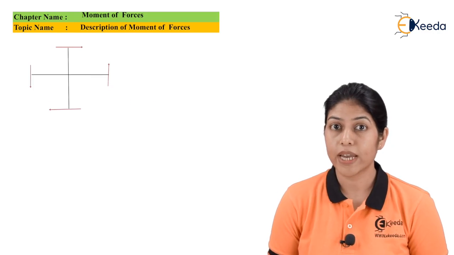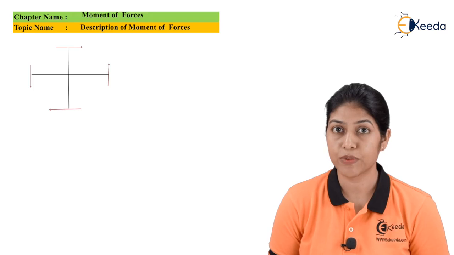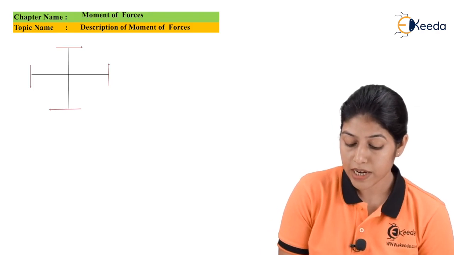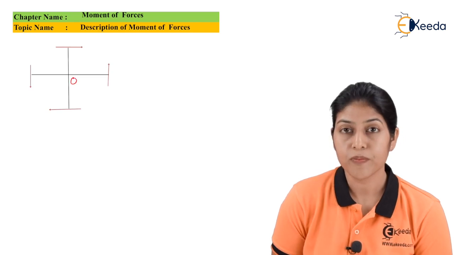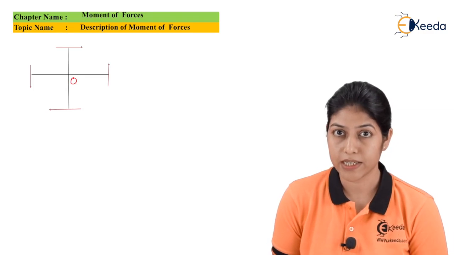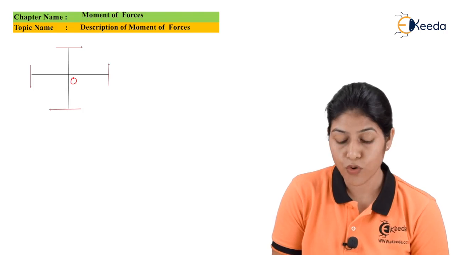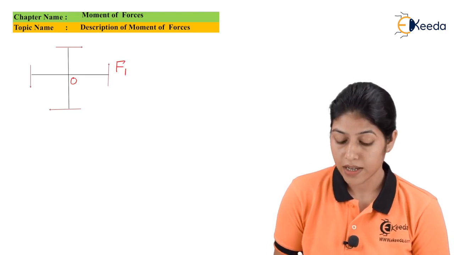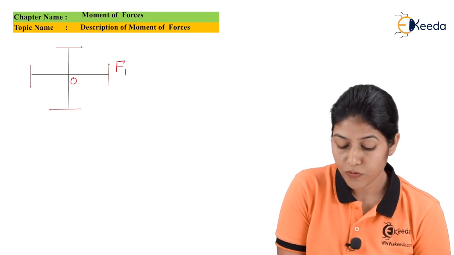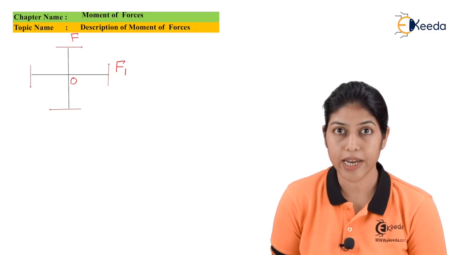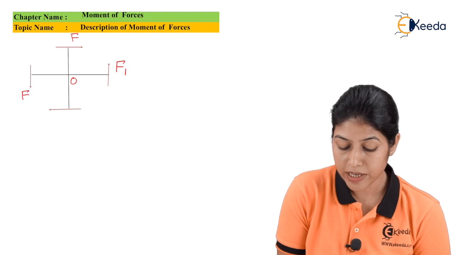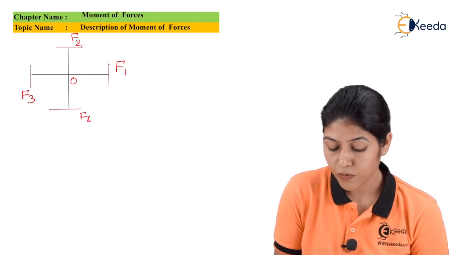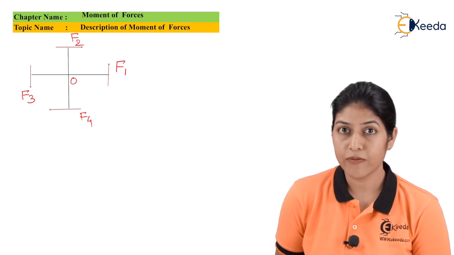Now let's see one example related to the concepts of moment. Here you can see a diagram. Here we are considering a center O, which is the moment center, and there are a number of forces. Force F1 in this direction, force F2 in this direction, force F3 here, and force F4 here.